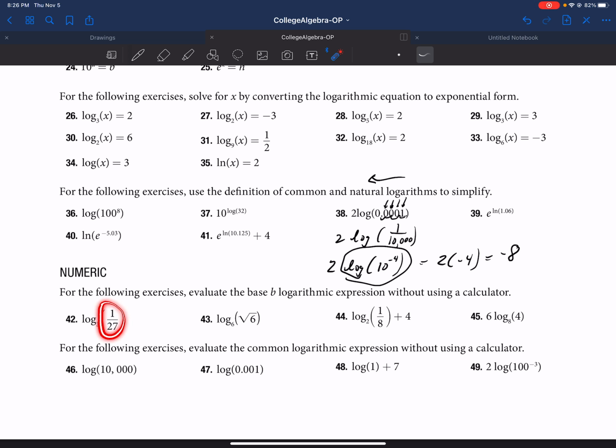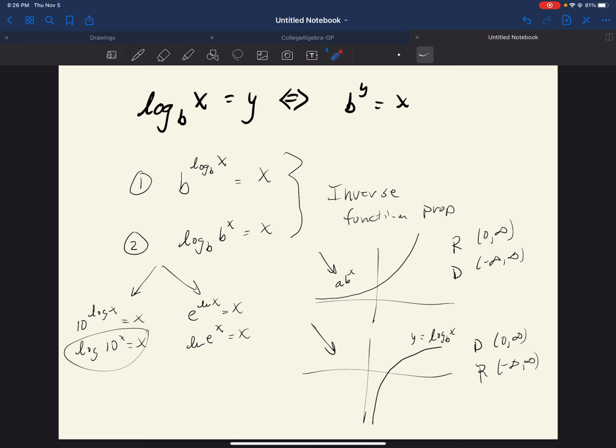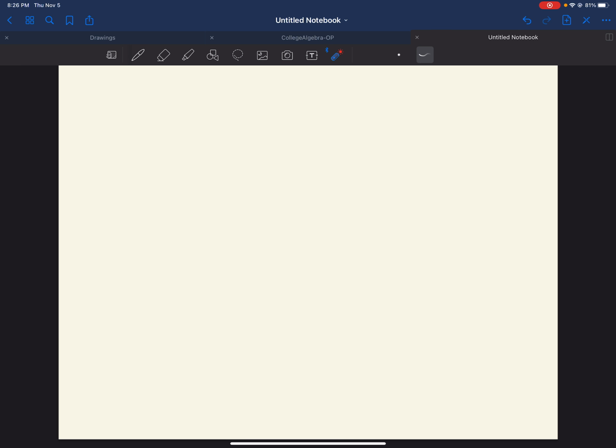But what I know about 1/27th very quickly is it's 3 to the negative 3rd. Let's see how this works though. So I'm going to show you 2 ways to do this problem right here. Let's take it over here. So they gave us log base 3 of 1/27th. So one way of doing it would be using properties.